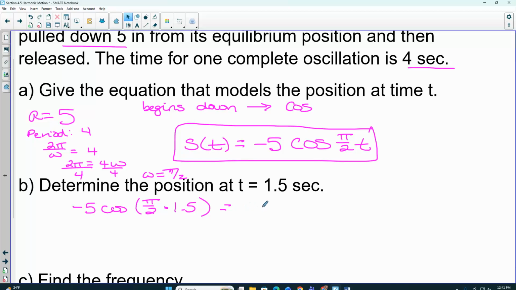What do we get? You need parentheses around the whole pi over 2 times 1.5. That's my position. We were measuring in inches, so what this means is it's 3.5 inches above the starting point. So the spring is up here right now.